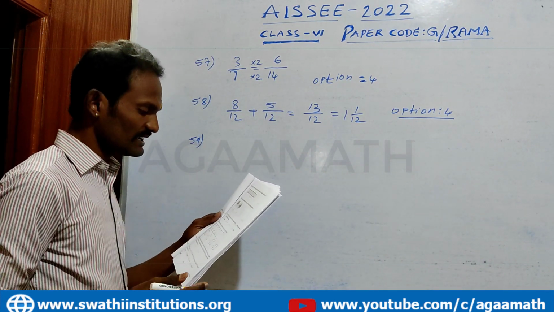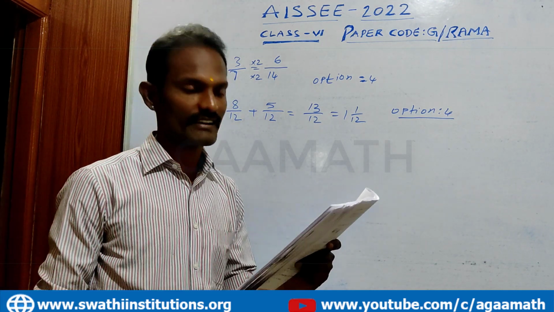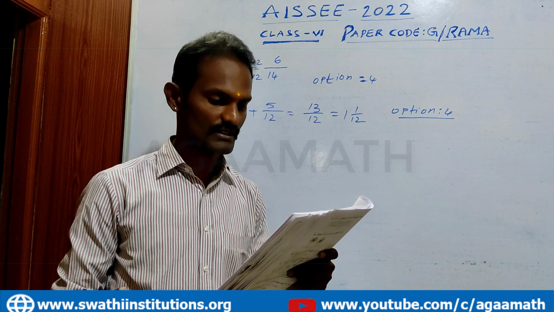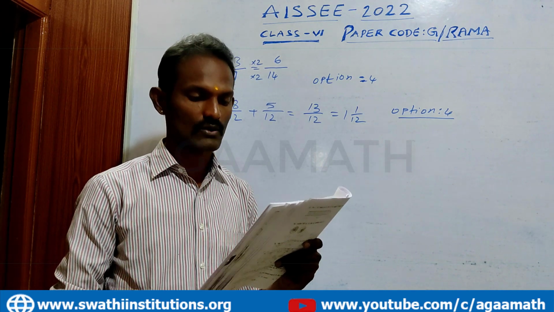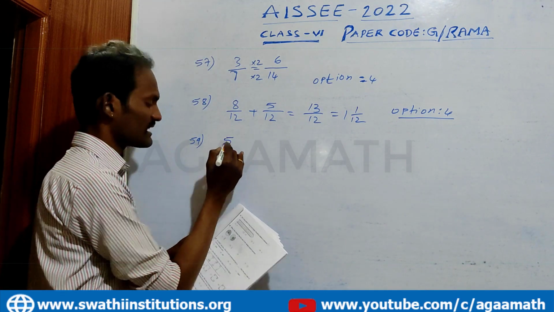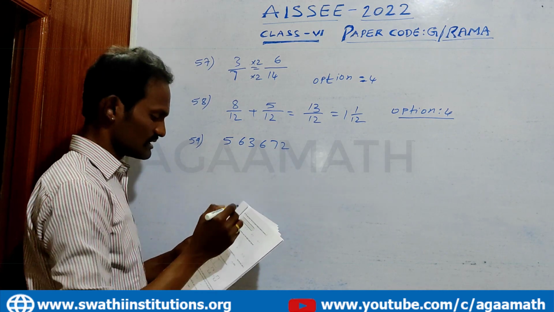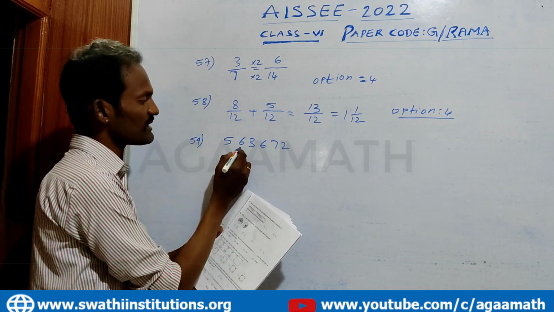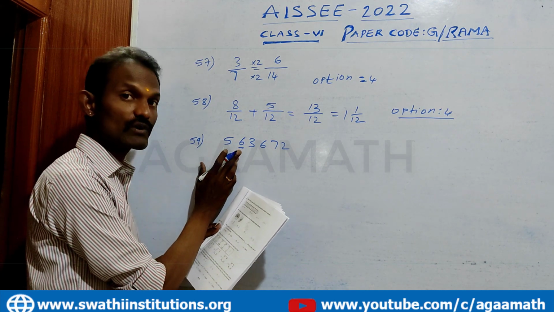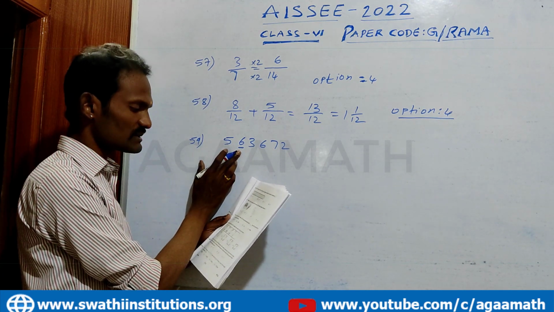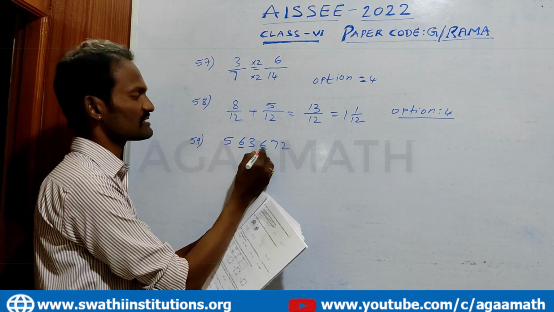Now coming to the 59. In 5,63,672, the place value of 6 at the 10,000s place is dash times the place value of 6 at the hundreds.